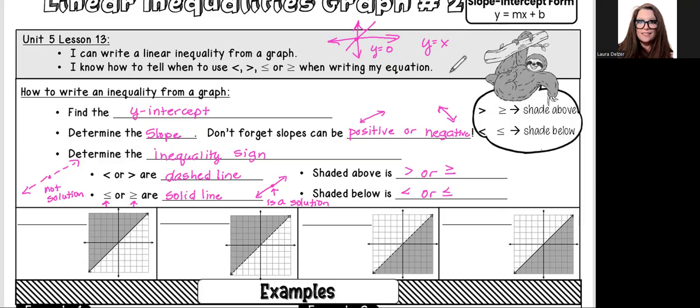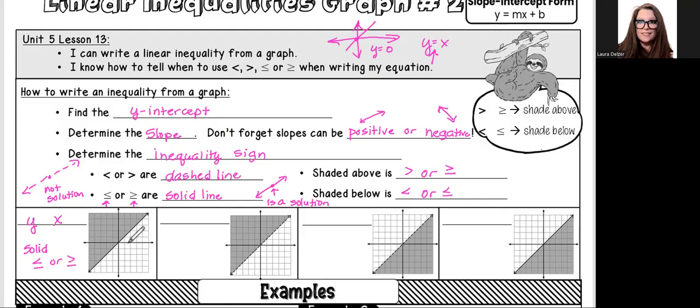Well, these are inequalities, so instead of an equal sign, we have to figure out what it's going to have. I'm just going to write my y and my x, and decide what kind of symbol it's going to be. The first thing I notice is that it has a solid line. Because it's solid, I know it can only be the less than or equals or the greater than or equals.